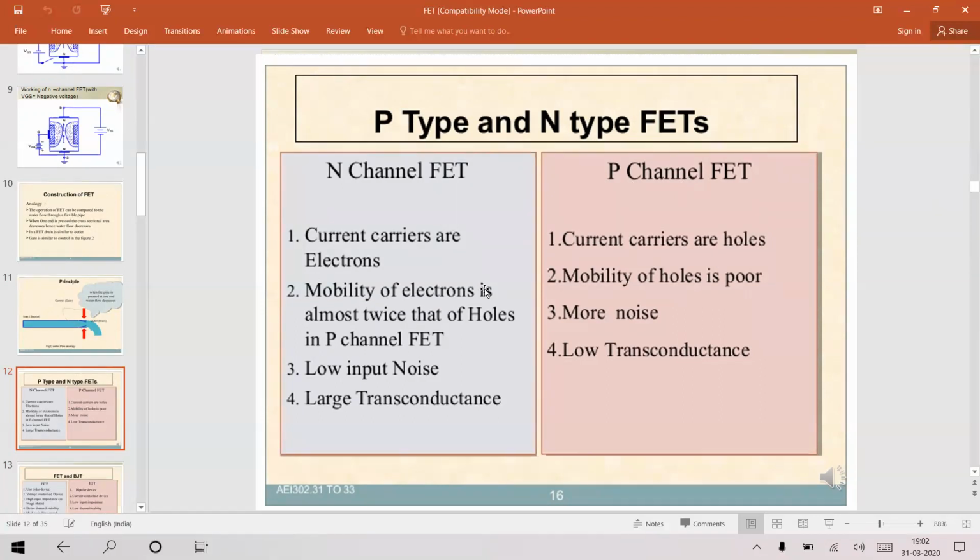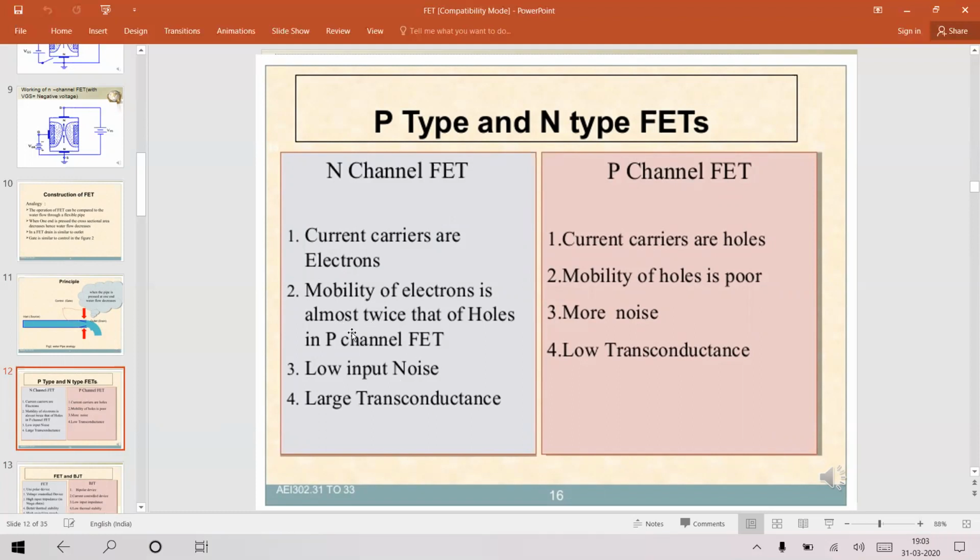The mobility of electrons is almost twice that of holes. It is found that the mobility of electrons is 2 times that of holes, which means electron mobility is more than hole mobility. So whenever you compare N-channel FET with P-channel, N-channel FETs are faster than P-channel because the mobility of electrons is higher than holes.